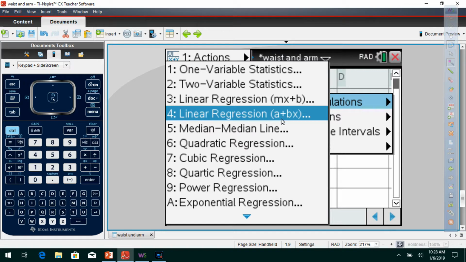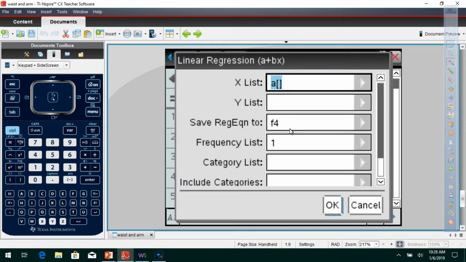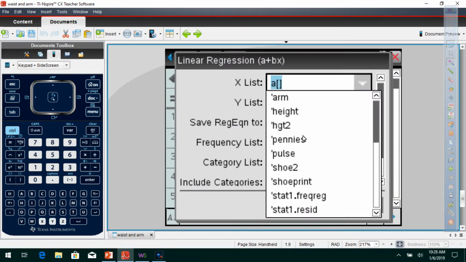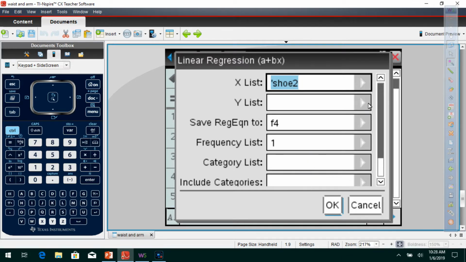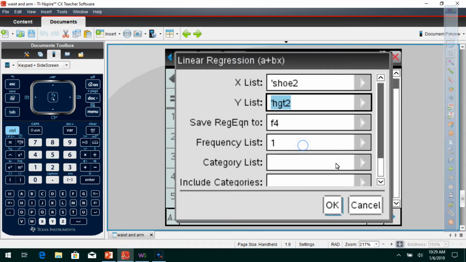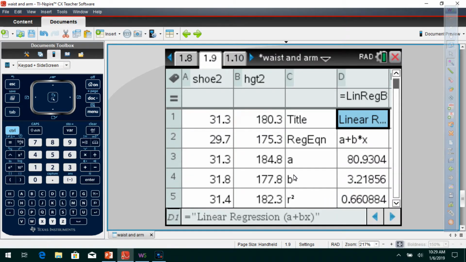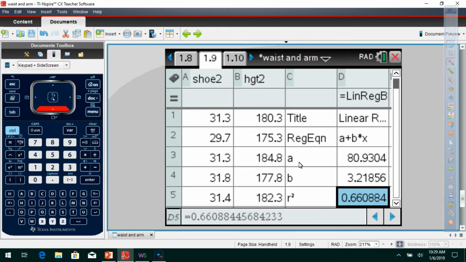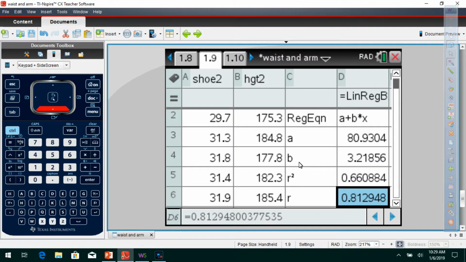What if we went to linear regression here, and then we got shoe 2, and we got height 2. Okay, so what's our R value now? Our R value now is 0.81.